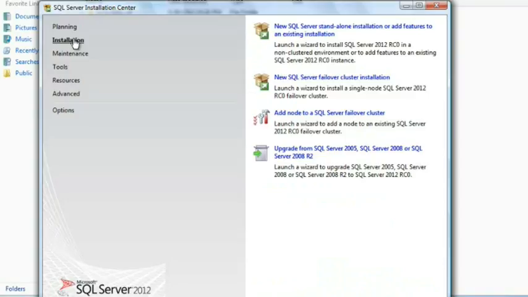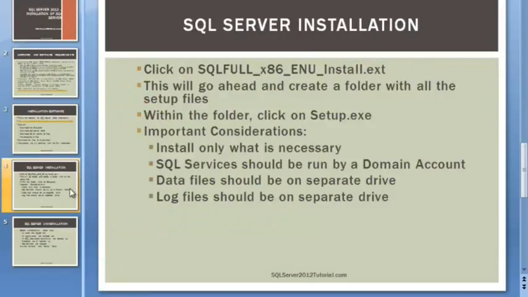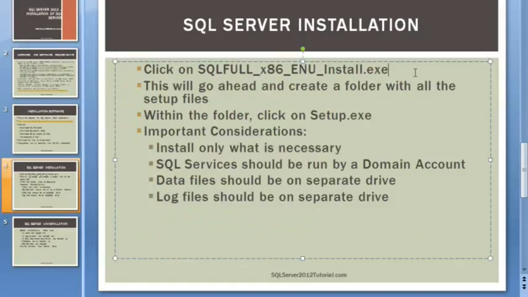Okay. In fact, before I run this, I do want to show you a couple of things in here. So we downloaded everything. We are using ctemp. Now, as far as in the actual installation, we showed you that we needed to click on the .exe file. Apologize for the typo, but basically we are going to run the setup.